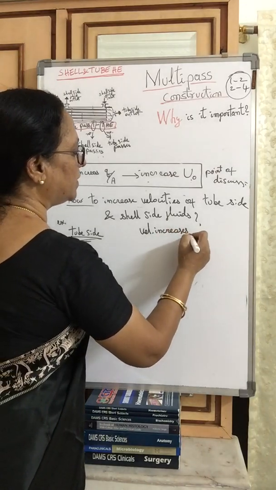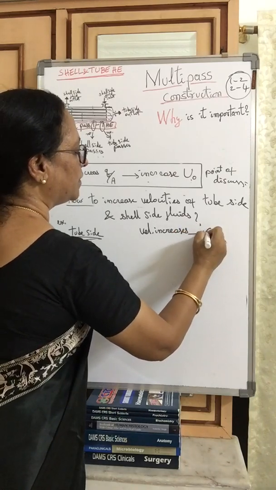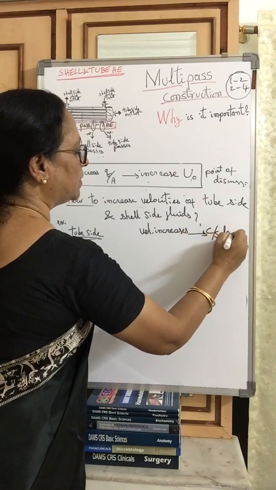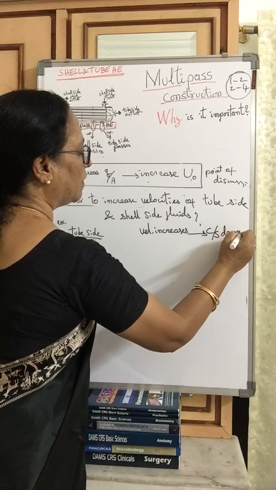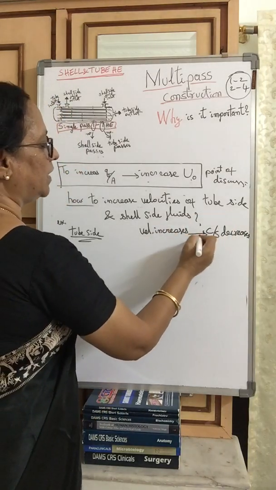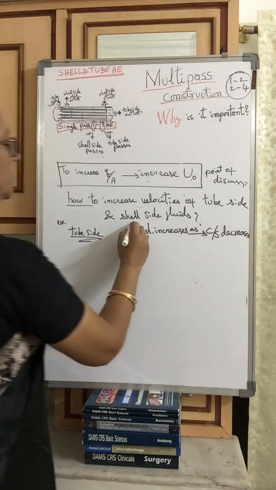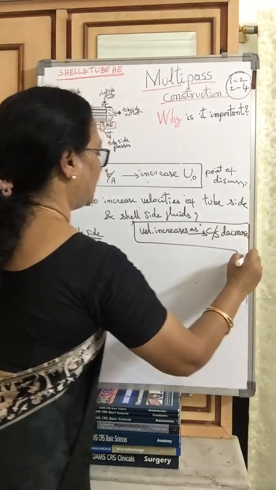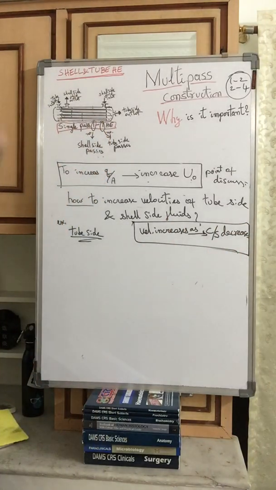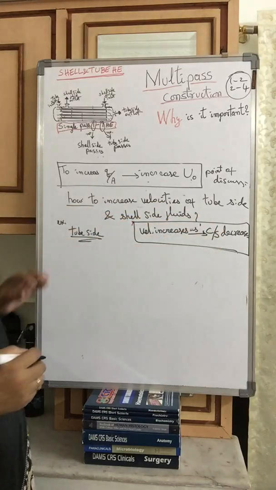Velocity increases as cross section decreases. Okay, velocity increases as cross section decreases. This is the basic principle we use. We need to increase the velocity. Velocity can be increased by decreasing the cross section.